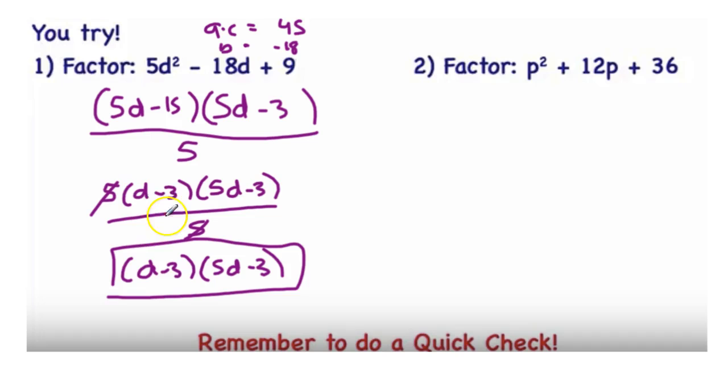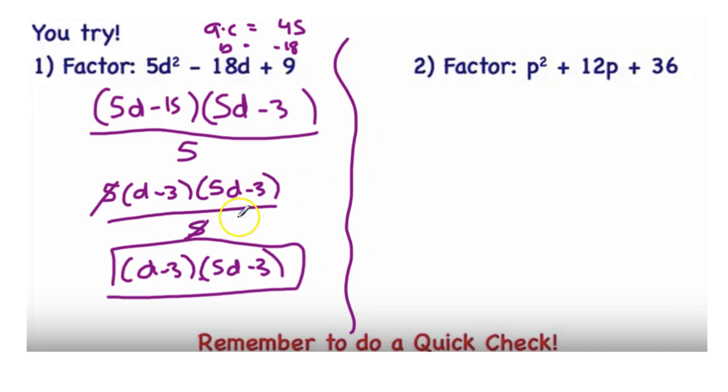So that's the answer. You could do a quick check. D times 5d, 5d squared. Negative 3 times negative 3, that is positive 9. 3 times negative 5 is negative 15. D times negative 3 is negative 3d. Negative 15, negative 3, negative 18.